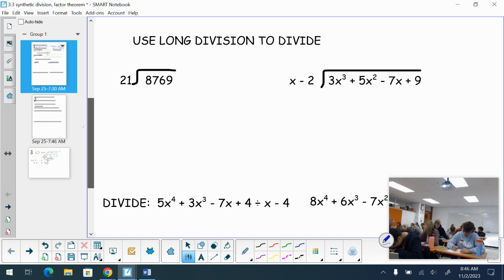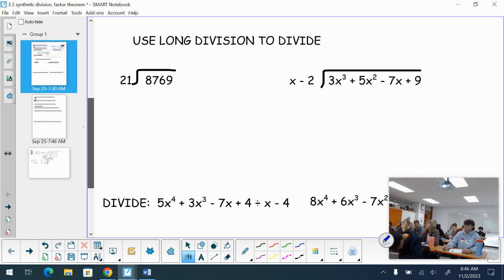So, if we take a look at this, remembering back, 21 going into 8769, you looked at 21 and you try to divide that into 8.